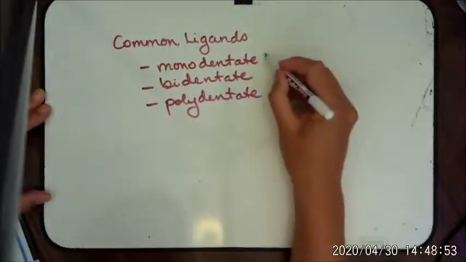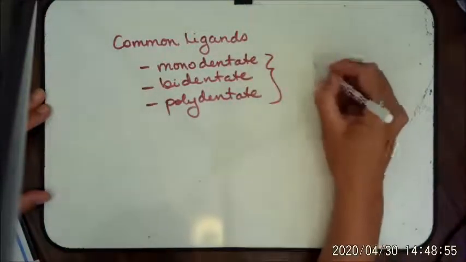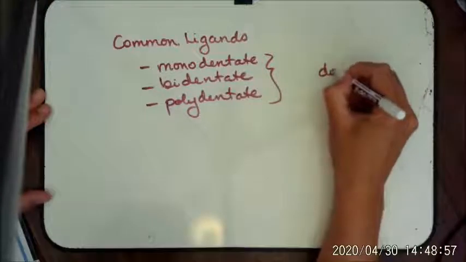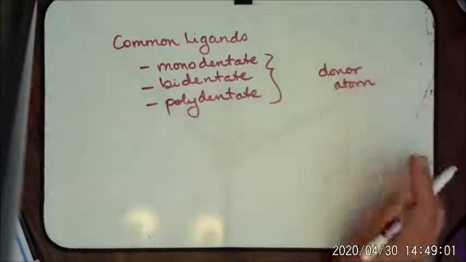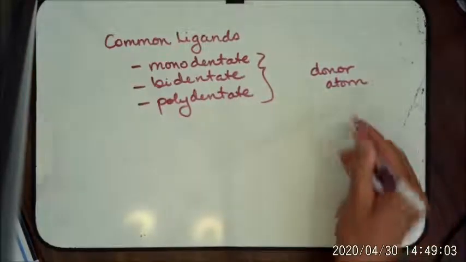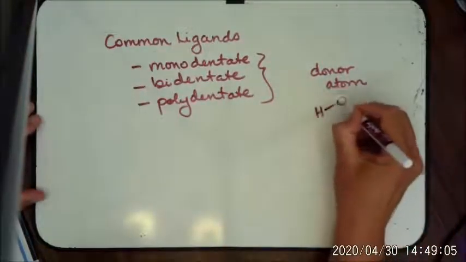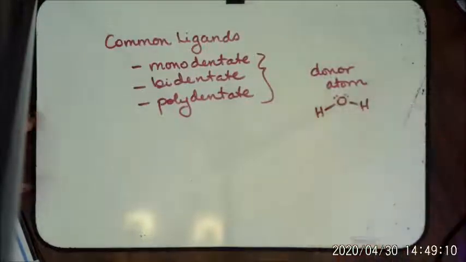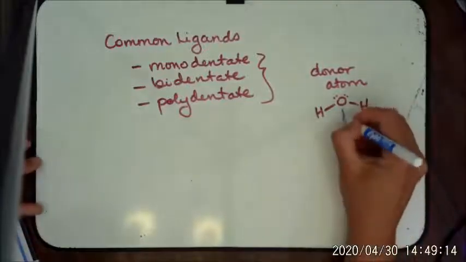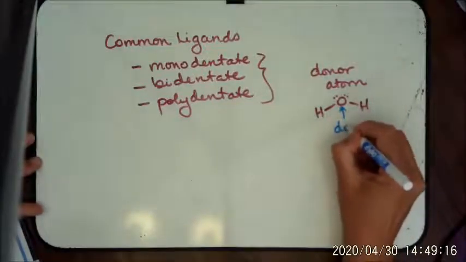What this means is that in your ligand you have a donor atom, and typically this will have the lone pair which bonds to your transition metal. Like in water, which consists of 3 atoms, oxygen with the lone pair is my donor atom.